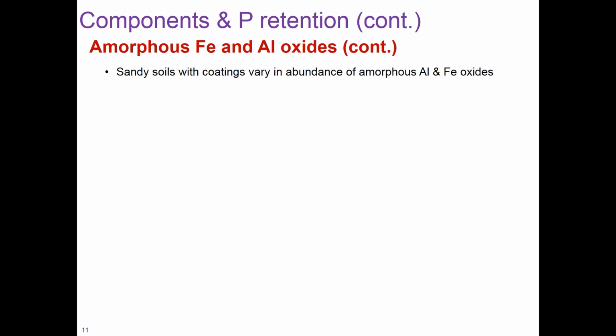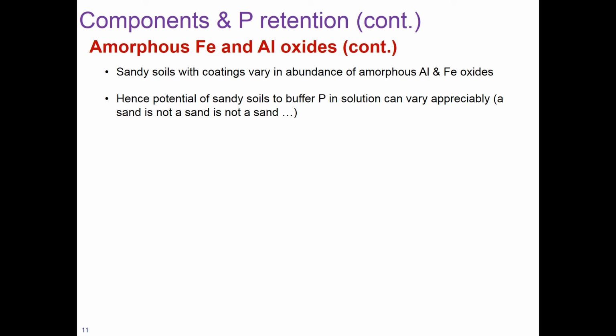Sandy soils with coatings vary in abundance of amorphous aluminum and iron oxides. Hence, the potential of sandy soils to buffer phosphorus in solution can vary appreciably. And as I've said before, sand is not a sand. Sands exhibit a fair range in their properties with respect to phosphorus retention.